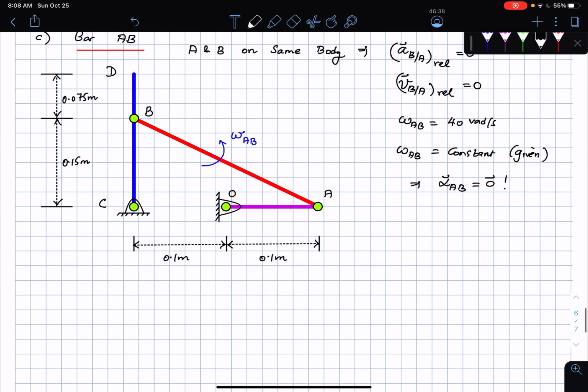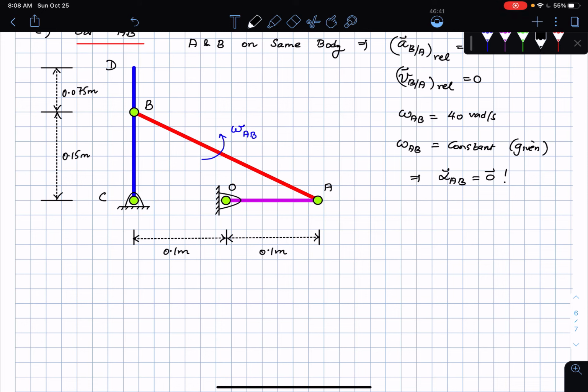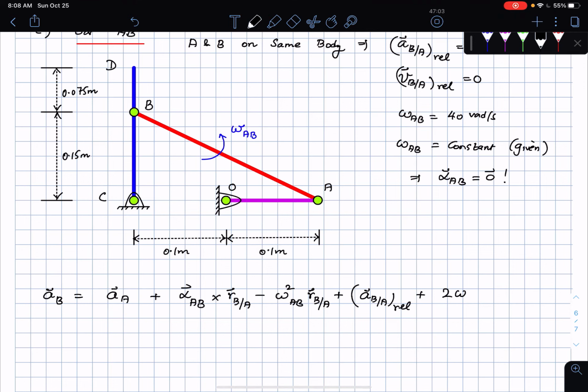Then I start relating the acceleration of B to the acceleration of A. Acceleration of B is acceleration of A, plus alpha AB crossed with R B/A, minus omega square AB times R B/A, plus the relative terms, A B/A relative, plus 2 omega AB crossed with V B/A relative.